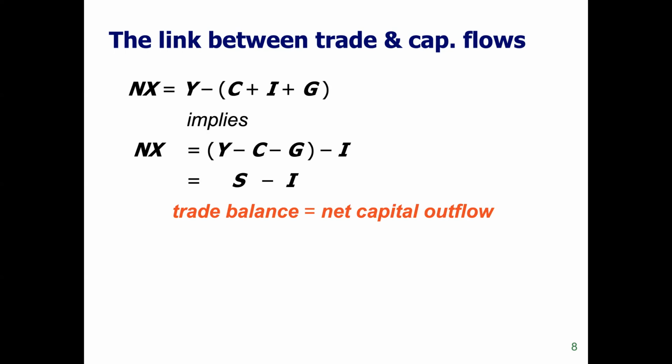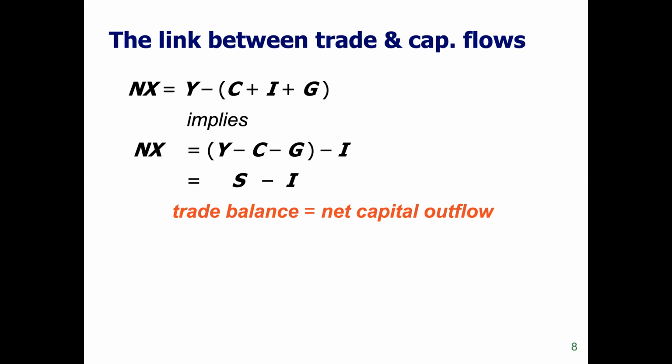And as we'll talk about later on, it's actually the net capital outflow that causally is determining the trade balance, and to a much greater extent than the other way around. And so you end up having to think about where people want to put their loanable funds, where people want to put the money they've saved.